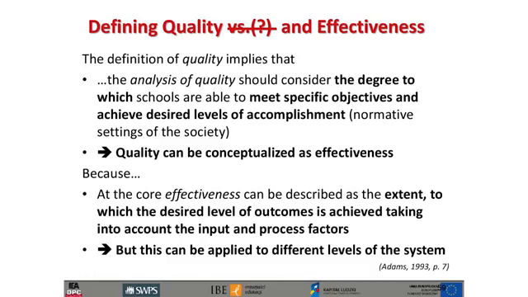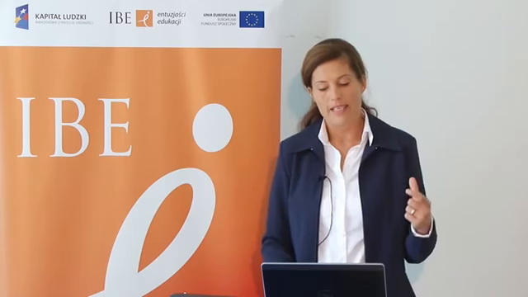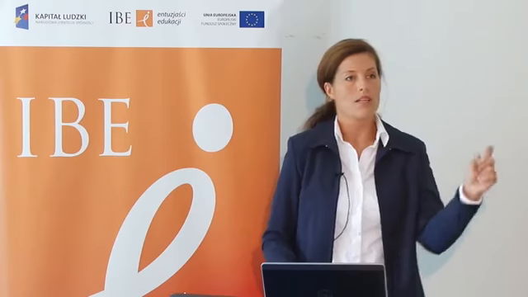because at the core, effectiveness can be described as the extent to which the desired level of outcomes is achieved, taking into account the input and process. But this definition can be applied to any level or to any stage of this input-process-output paradigm. Just a simple example: in this input-process-output model, the process was the learning processes.